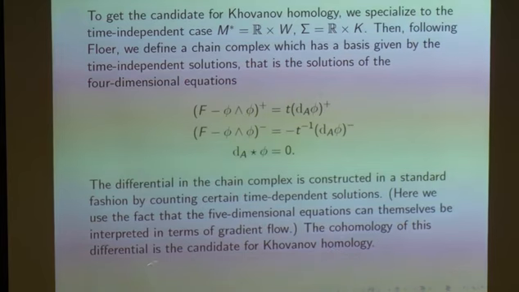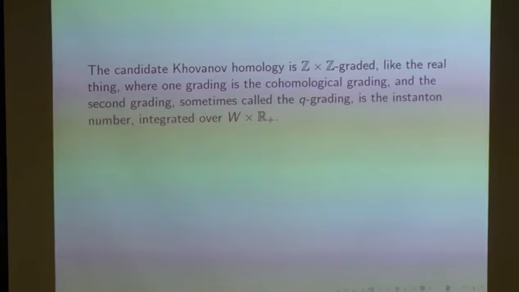So the homology of the differential again here is the candidate for Khovanov homology. Now the candidate Khovanov homology is Z times Z graded, just like the real thing, where one grading is the cohomological grading. That's mathematical terminology. Physicists would say that there's a U(1) conserved fermion number, and one grading is by the fermion number.